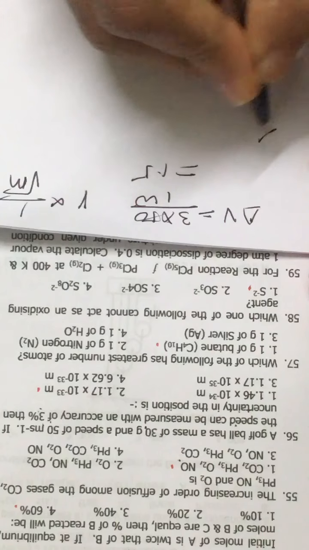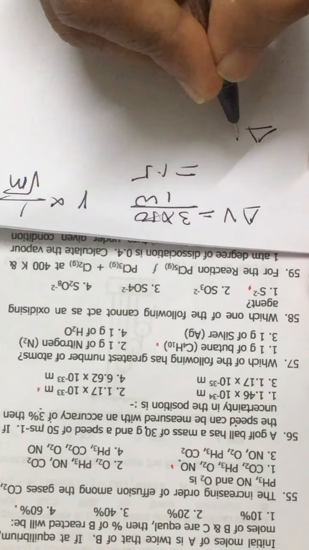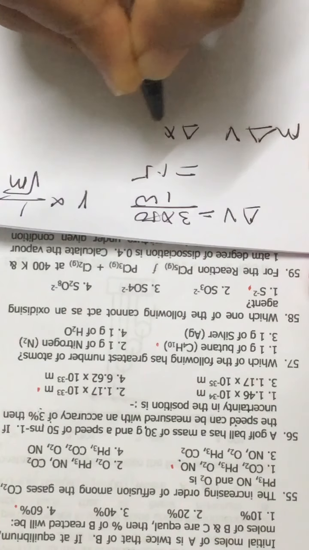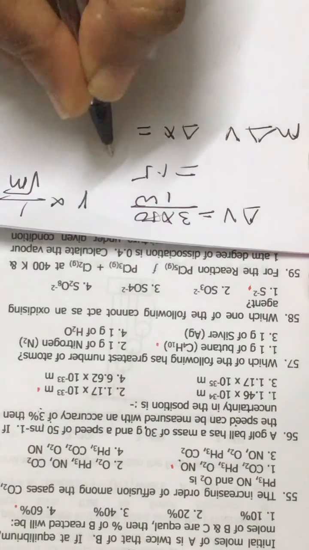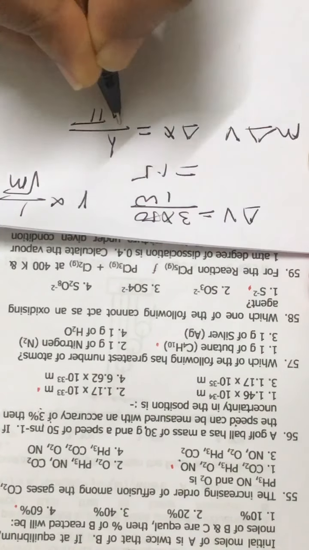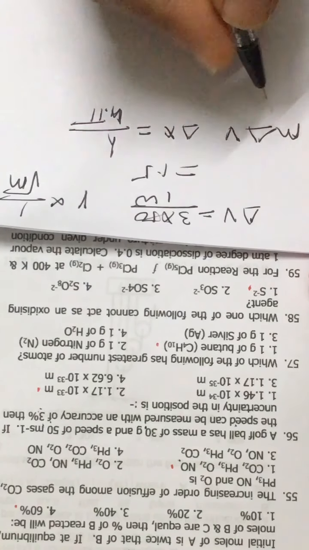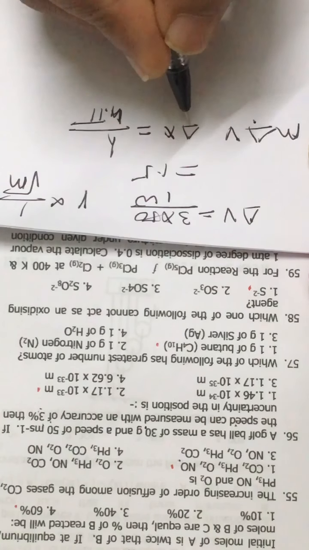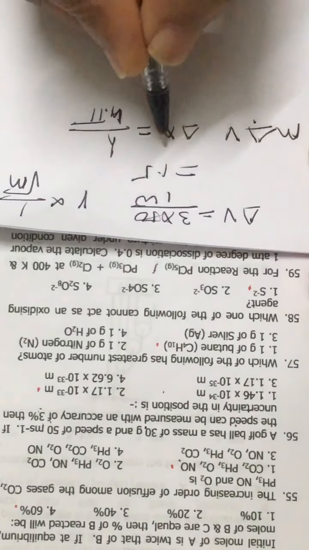Then you have to use delta m into delta V into delta x is nearly equal to h upon 4 pi. So just put the values. M is the mass of that ball, that is 30 grams, which should be converted to kilograms. And you have to find the uncertainty in position, delta x.